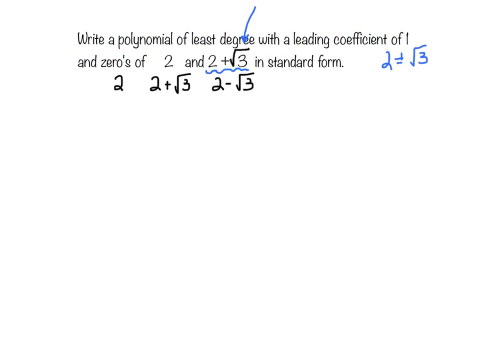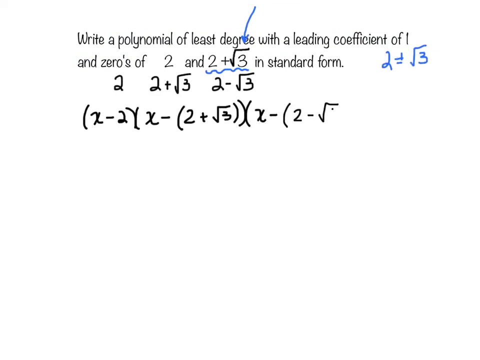So I'm going to actually put them in factors again. This is going to be x minus 2. This is going to be x minus 2 plus radical 3. And this is going to be x minus 2 minus radical 3. So the first thing I'm going to deal with is this right here. And I'm actually going to move those parentheses a little.